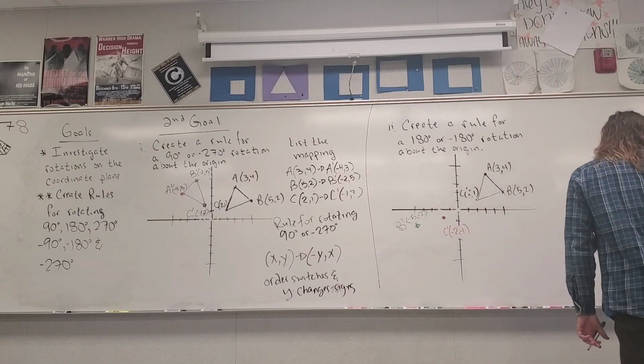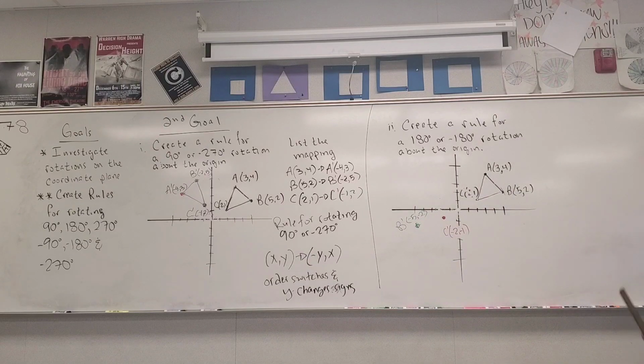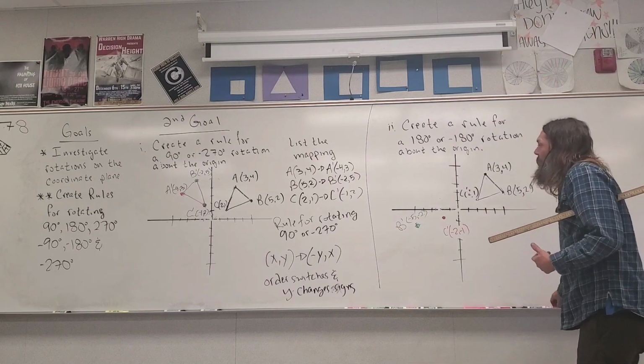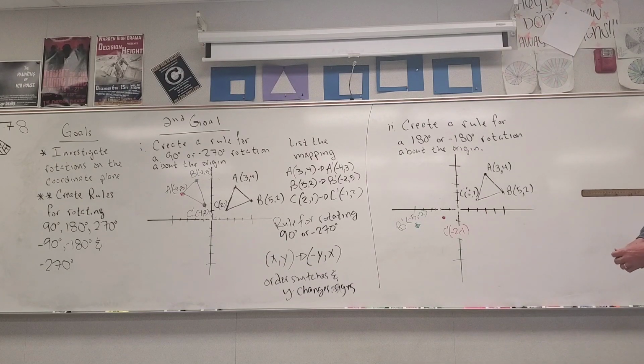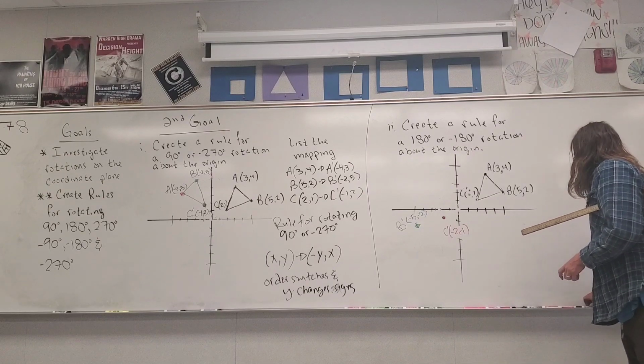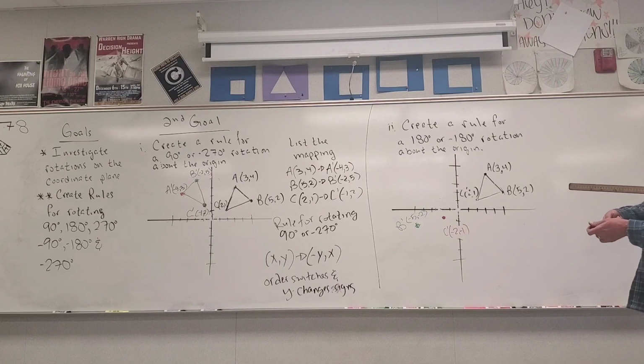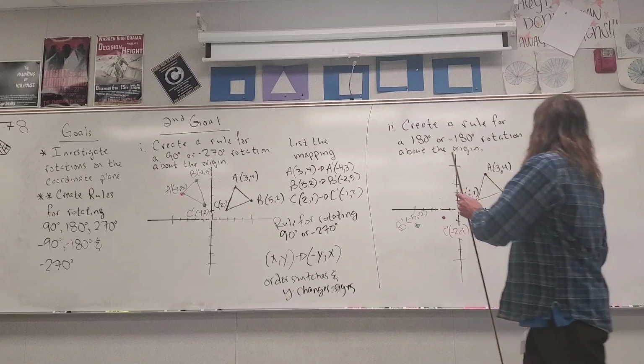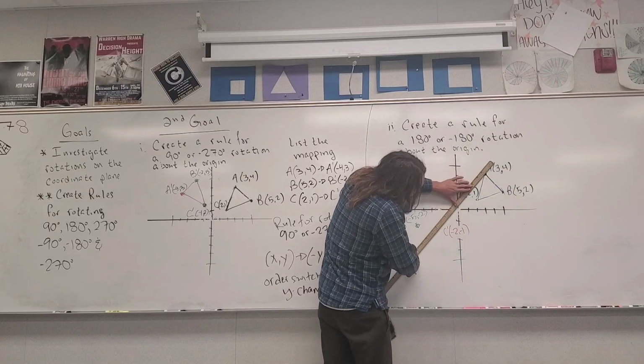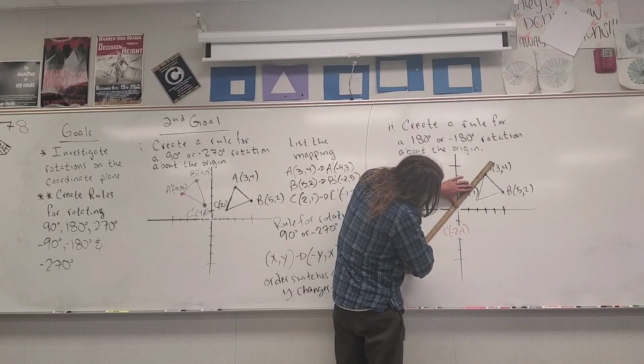And let's find A prime. I already did that. I'll do blue, I guess. Okay, let's find A. And again, I'm drawing a 180-degree angle here. That's what I'm doing.